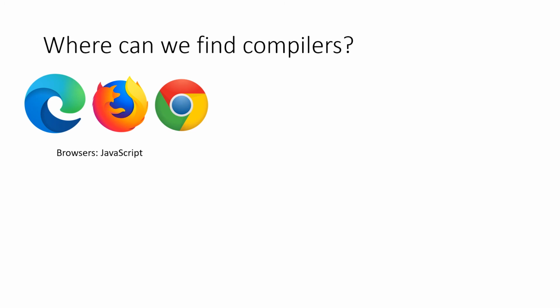JavaScript is a language that is used by websites to implement their functionality. And of course, this language must also be compiled. So every time you go to a website, you have a compiler hidden in the browser doing all this compilation for you to make the internet faster and safer, etc.